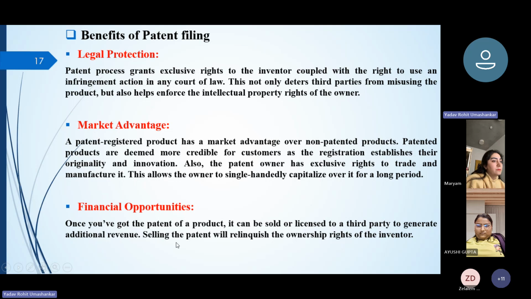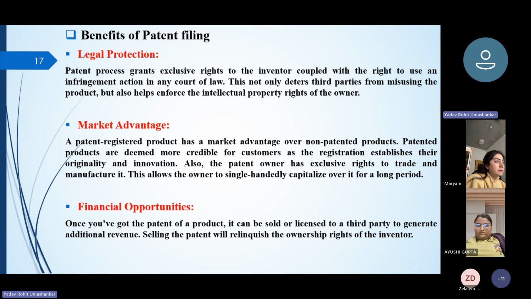You can sell the patent, but once you sell the patent to a third party, the right to the patent will no longer be with you; it will be given to that third party. The other option is to give a license to a third party.